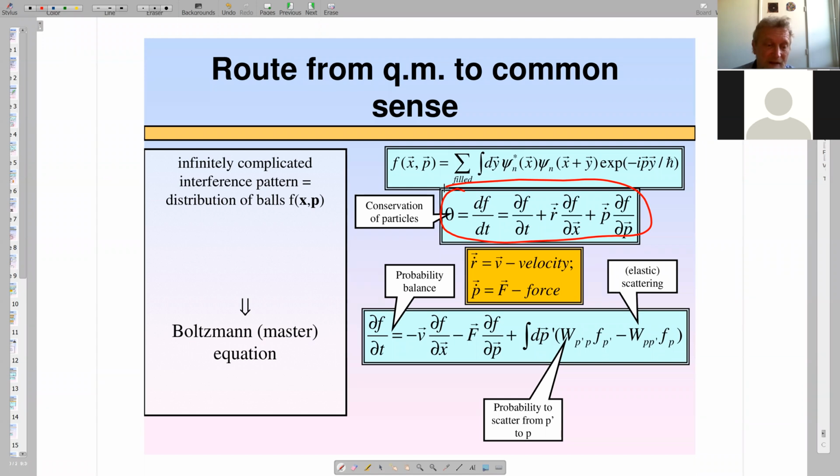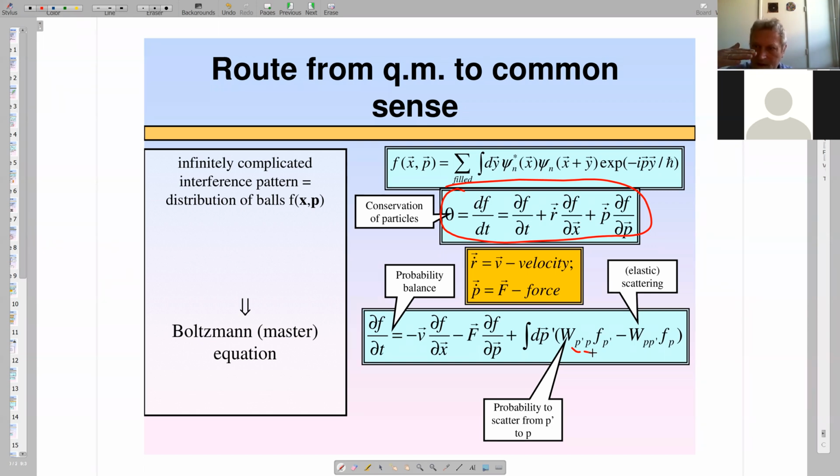Sasha, I wouldn't call it a generalization, but anyway, let me talk first about this scattering, right? So what happens with the scattering? It randomly causes transitions from the state p' to p, with a change of momentum.